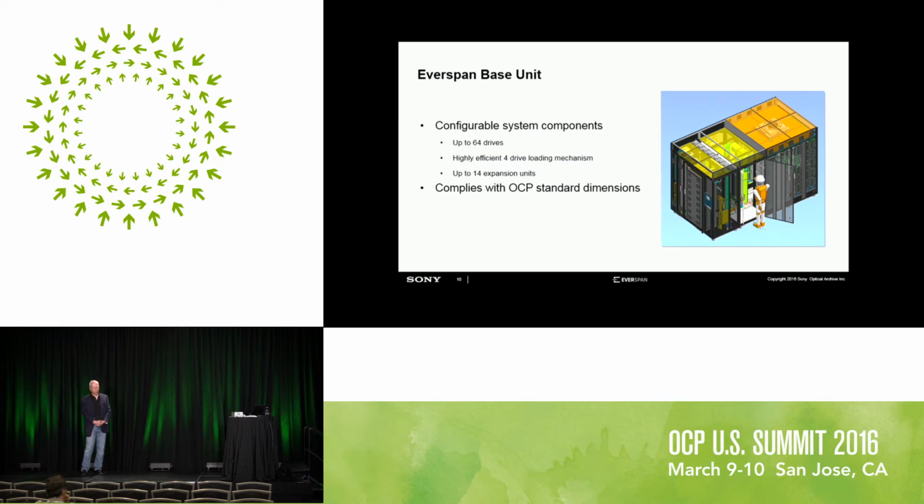Now on the right-hand side of this picture, you see under this kind of yellow hood, that is what we call the expansion unit, and we can have up to 14 expansion units. So we grow this system in a row fashion, and that is how you do these installations in a data center.